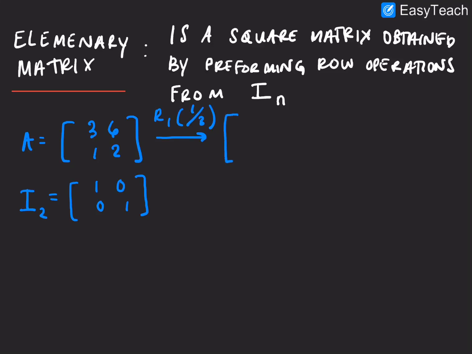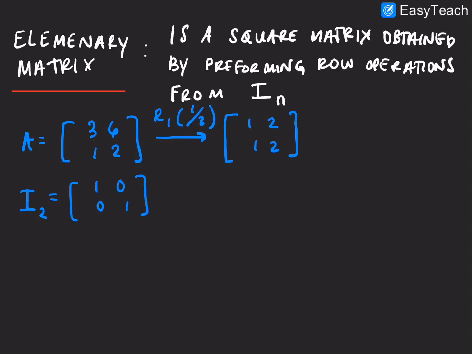After I use that operation, I'm going to get 1, 2, 1, 2. And this is where the elementary matrix comes in. I multiplied R1 by 1/3, so that's an operation. Whatever I do to matrix A, I have to do to the identity matrix.